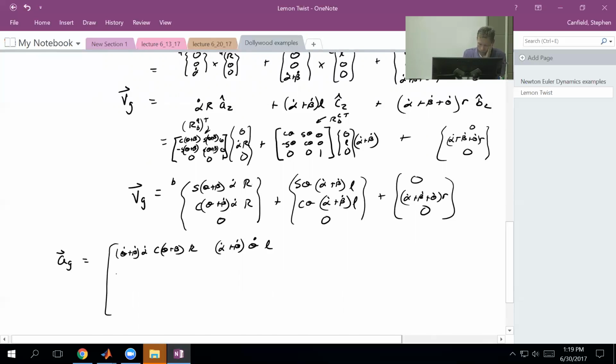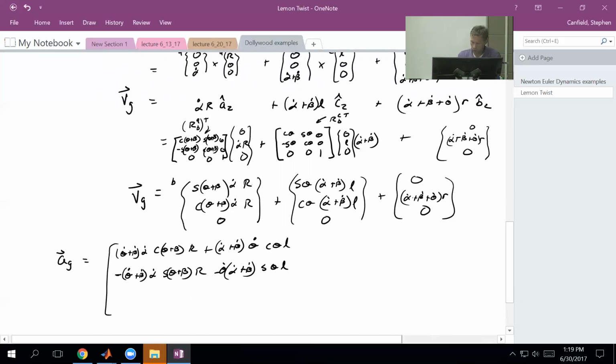Derivative of the next term, I get minus theta dot plus beta dot alpha dot sine theta plus beta r, plus the derivative of this guy, which is going to be minus alpha dot plus beta dot theta dot sine theta L plus my cosine theta.